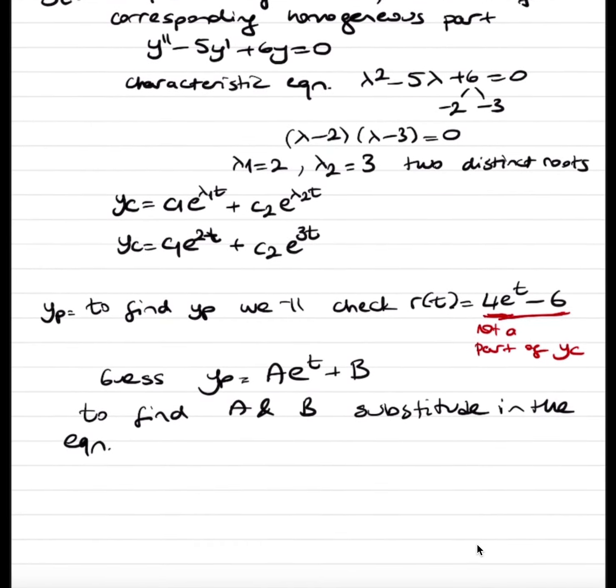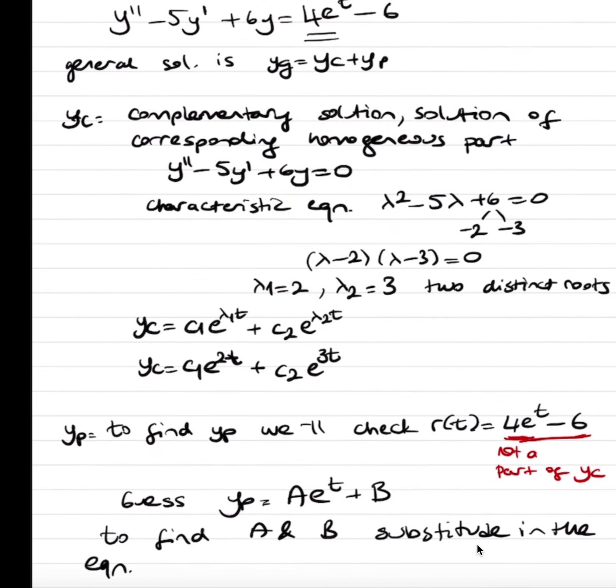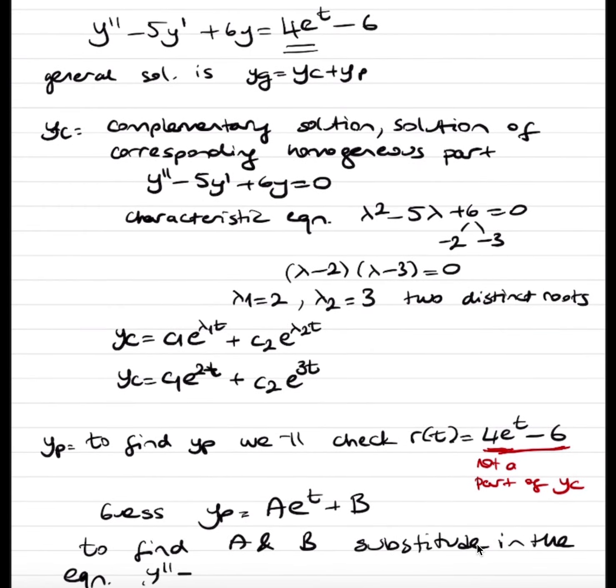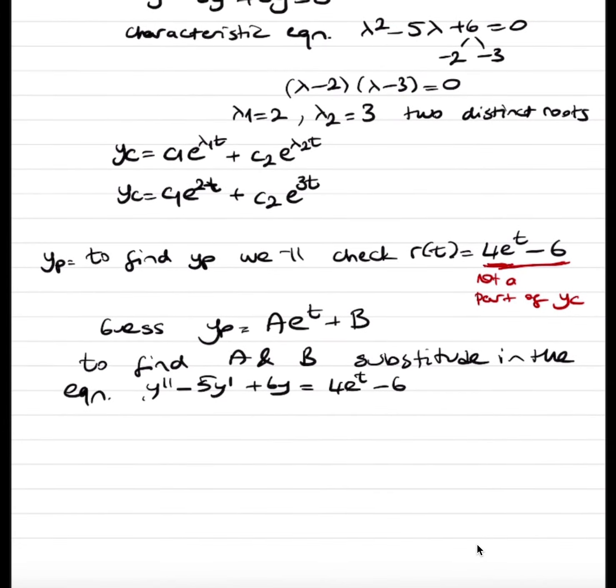Okay, what is our equation? We need to substitute in this: y double prime minus 5y prime plus 6y is equal to 4 e to the power t minus 6. Okay, we will substitute in this one, but we need to find the derivative first. y prime is a e to the power t, but we are lucky, so y double prime is also a e to the power t.